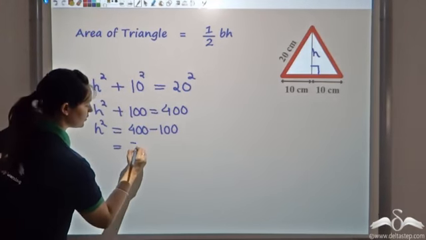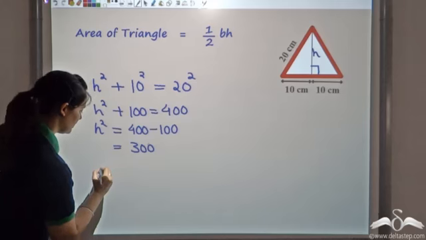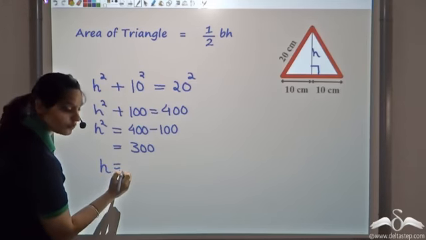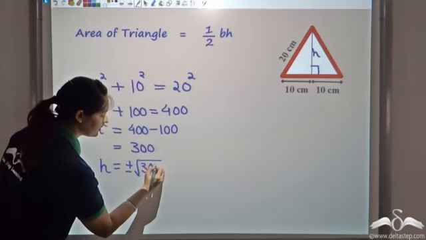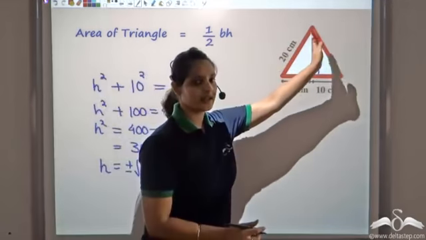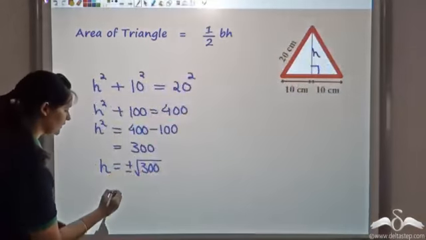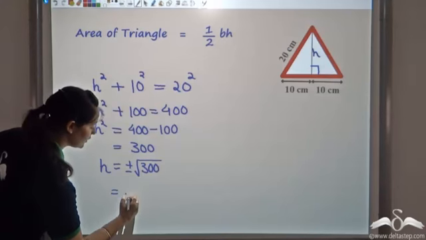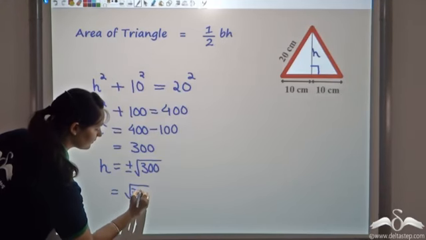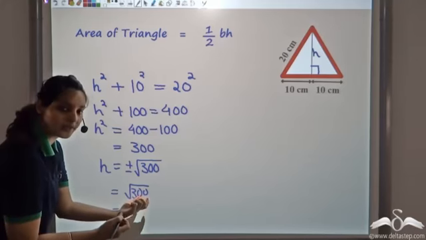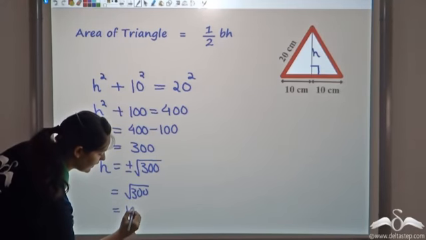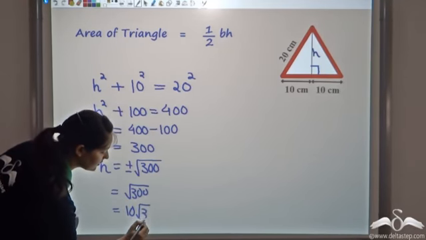So h square comes out to be 300. H would be, taking the square root, since h is a distance, it cannot be negative, I ignore the negative root. I get root 300, which is root 100 times 3. So I can take 10 outside, and what I'm left with is root 3. So I get 10 root 3 as the height.